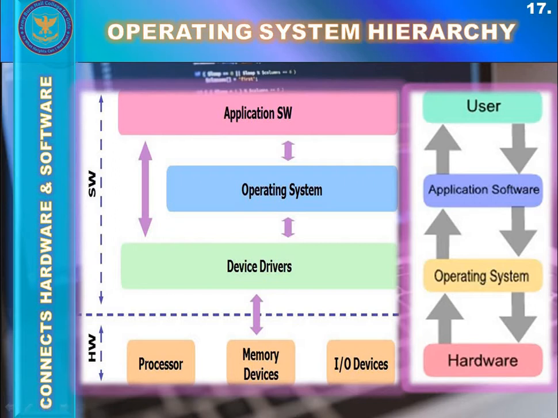The application software is controlled by the operating system, which transfers its data to the hardware. If you want to store the data you have written on an MS Word page, the operating system would collect the data from that application and store it on some hardware like a hard disk or USB.